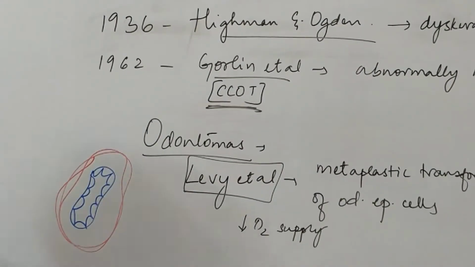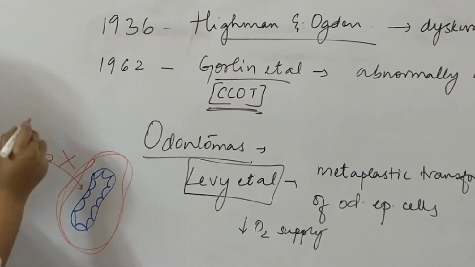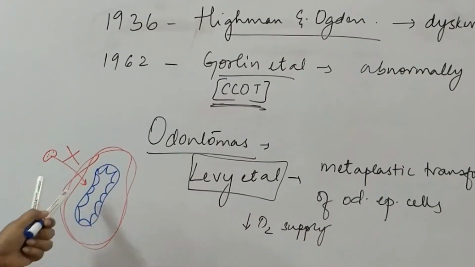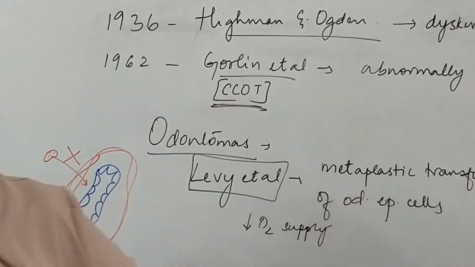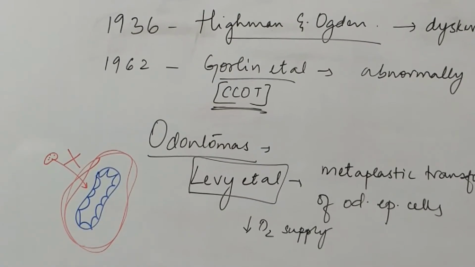Initially the blood supply which was coming is cut off due to the hard tissue formation, and this lack of blood supply ultimately led to the metaplastic transformation of these cells. This was called the walling off effect.